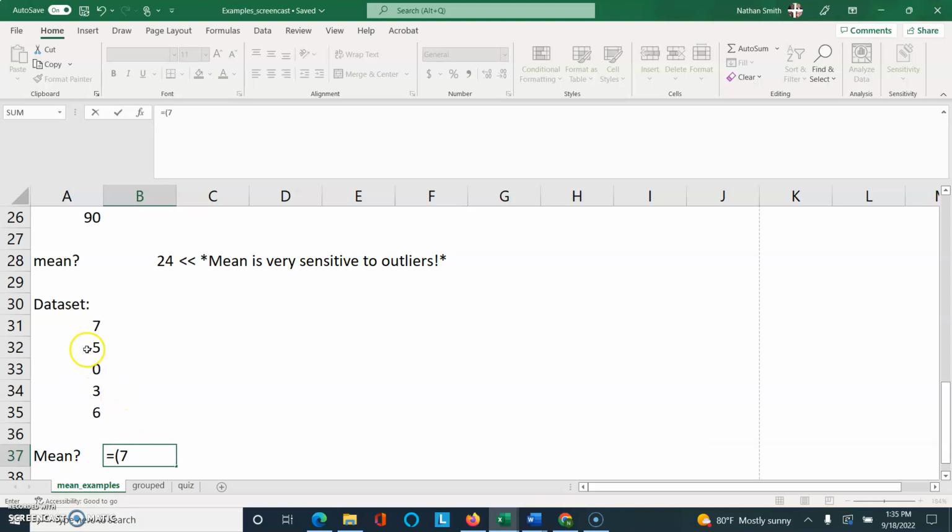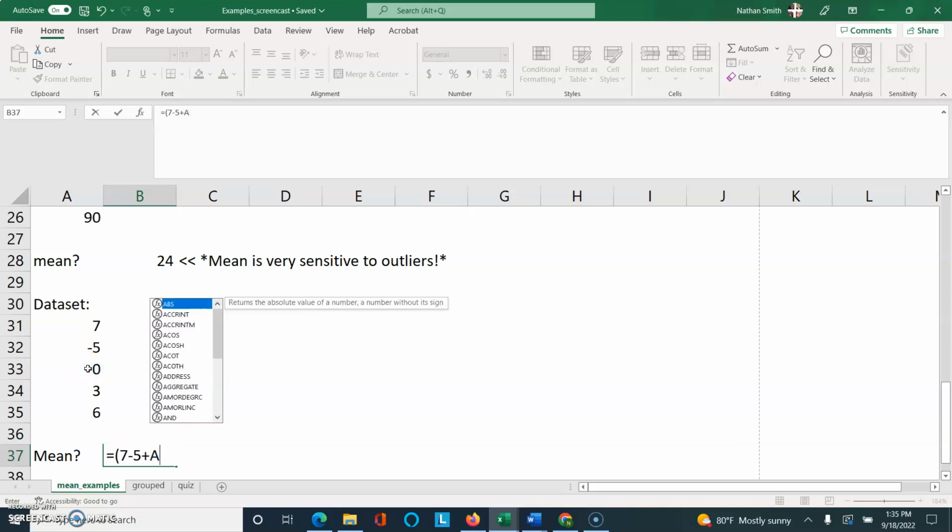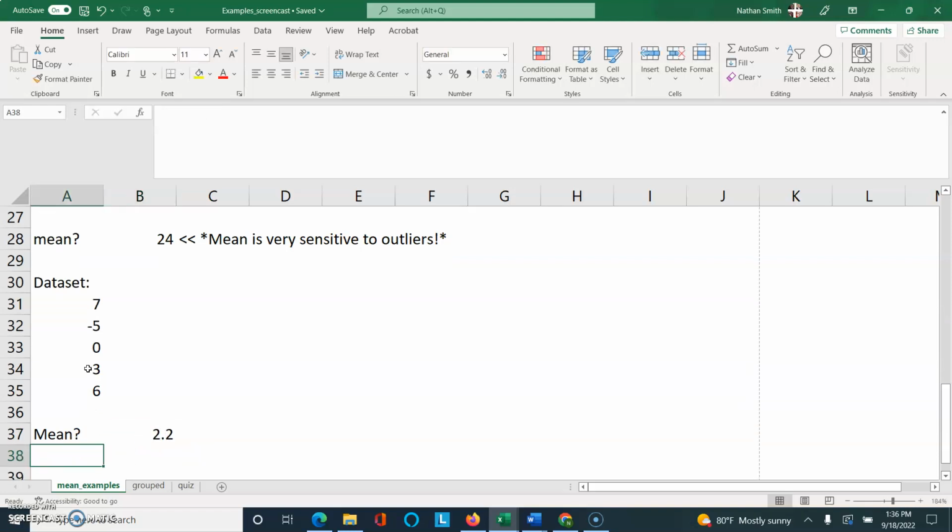If I'm adding a -5, that's the same as subtracting 5, so I could just do that. We know adding 0 is not going to change the numbers. Be careful here. How many numbers do we have here? 5 data points. So now divide by 5. And now the mean is 2.2.